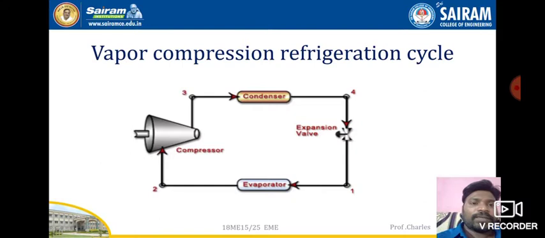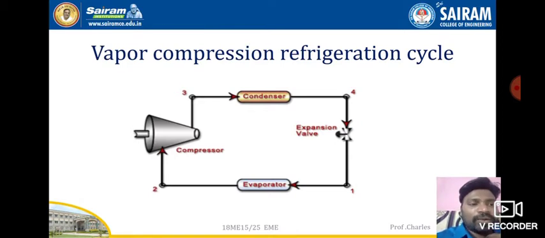Next, after the compressor, it moves on to the condenser. What does the condenser do? The name itself indicates it condenses the refrigerant. The vapor refrigerant is converted into liquid refrigerant. There can be two different cooling systems: air cooled or water cooled.